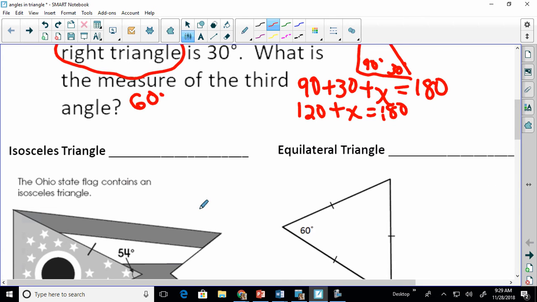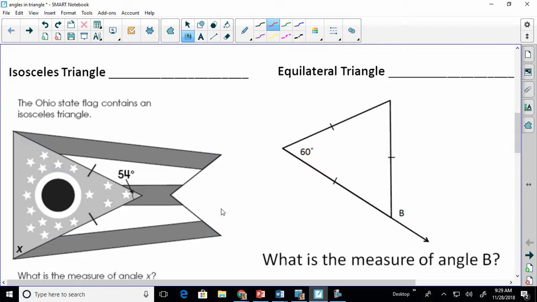Okay, now there are a couple of triangles that are special when it comes to angles, and one of them is an isosceles triangle, and the other one's an equilateral triangle. So an isosceles triangle is one that's like this one down here.